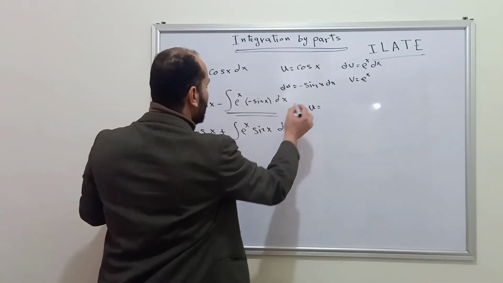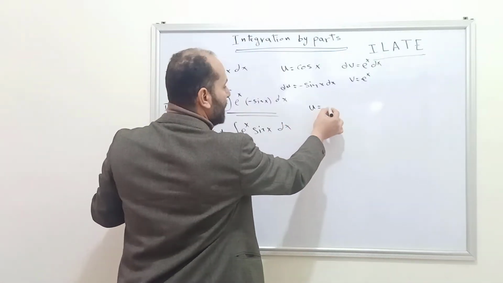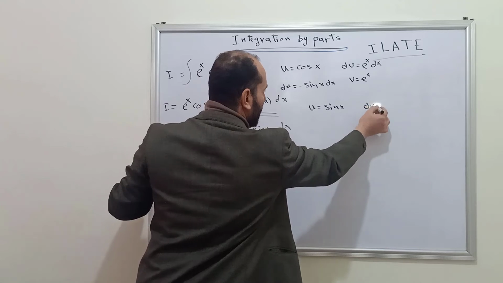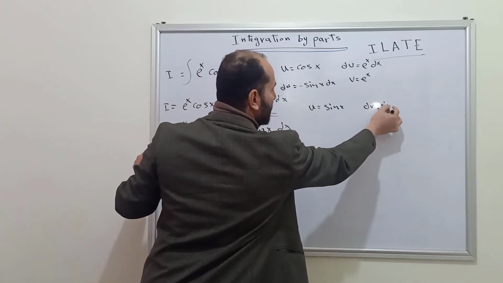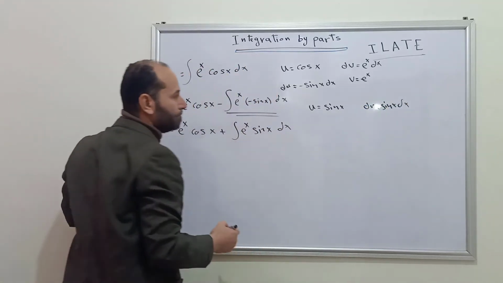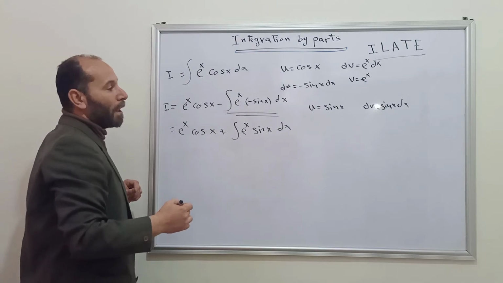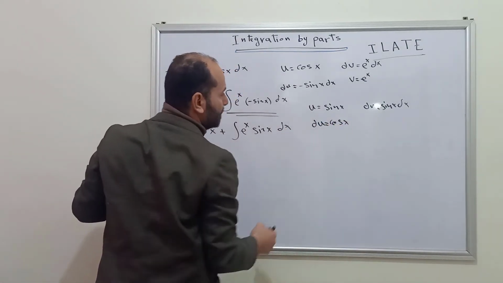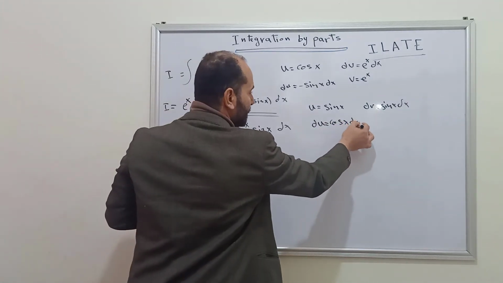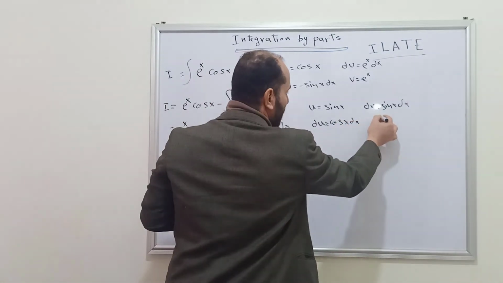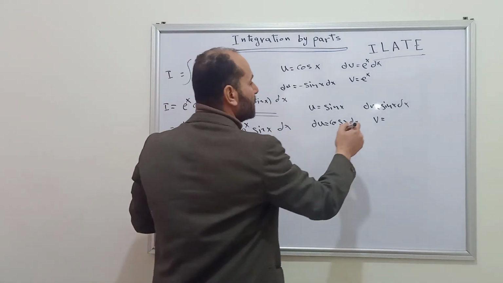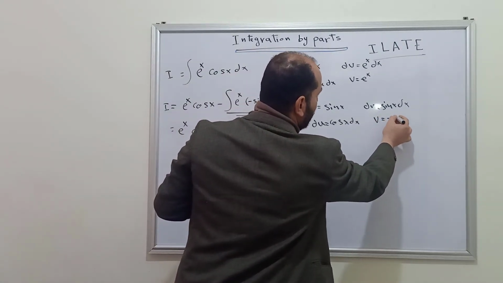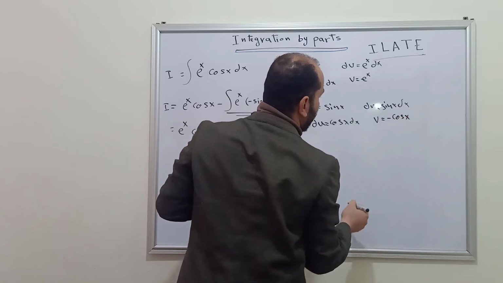u equals sine x and dv equals sine x dx. du equals cosine x dx and v equals the integration of sine, negative cosine x.